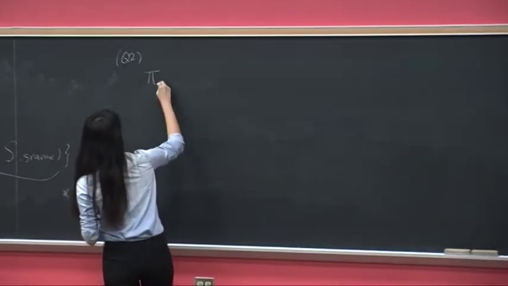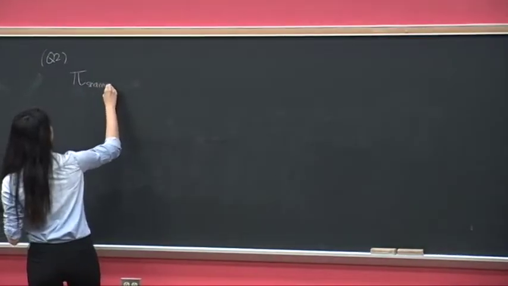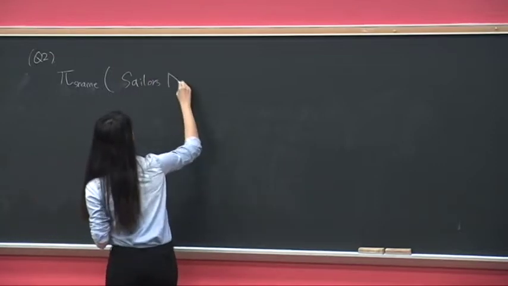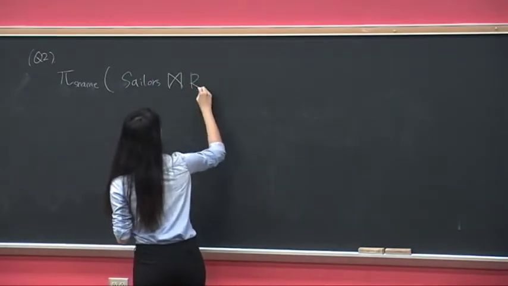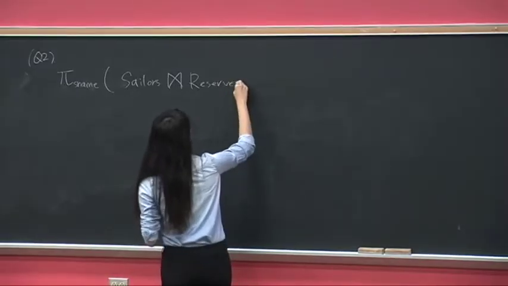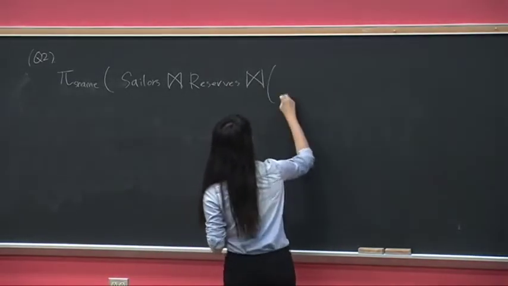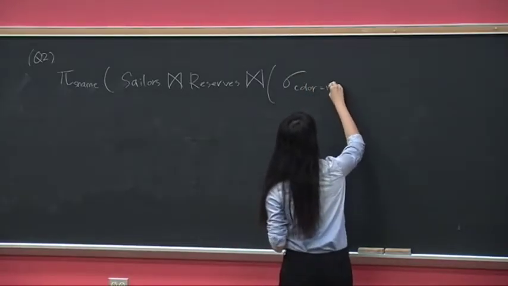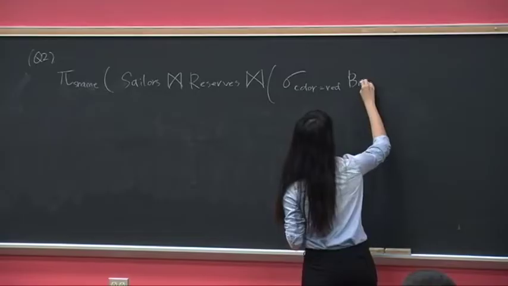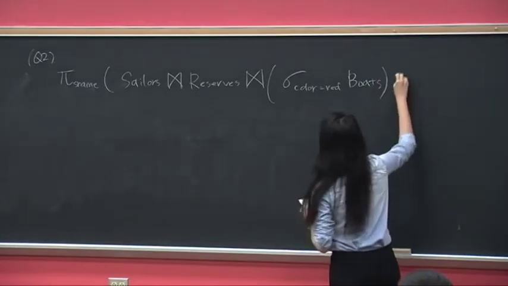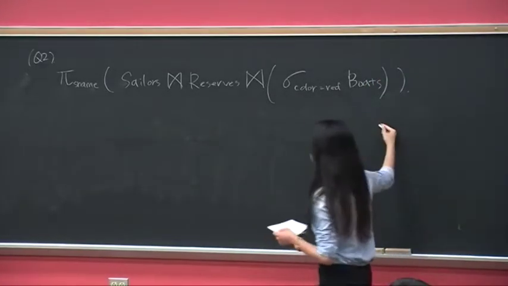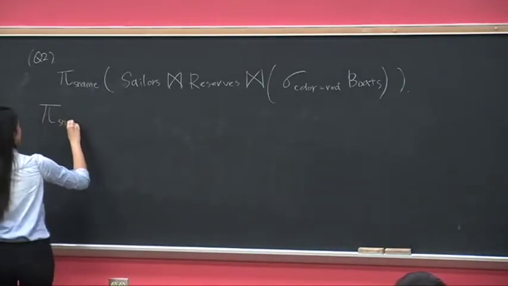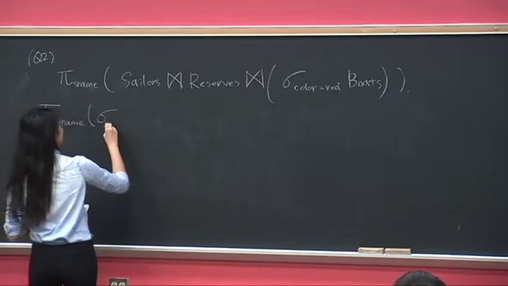So we want to find the sailor name. This is the first approach of writing it. Another one you can do, which is actually less optimized, but easier to think about.